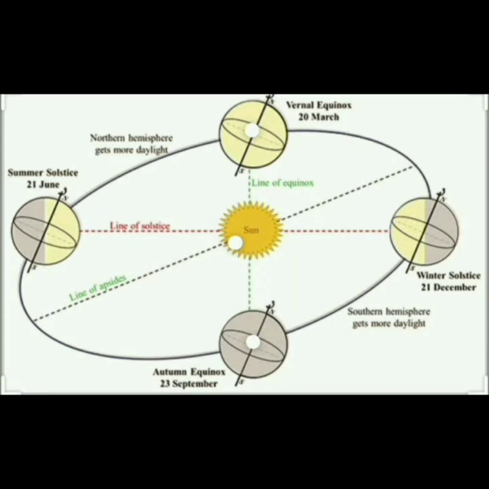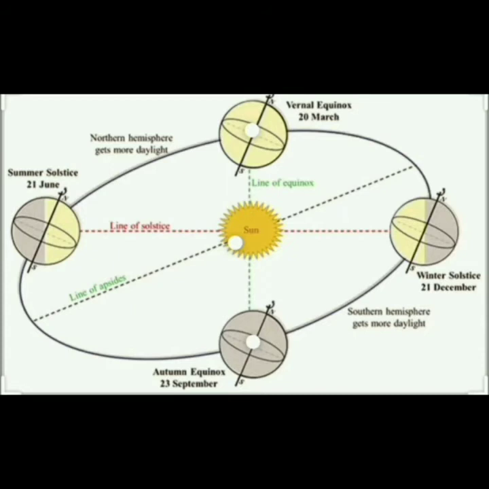Now, see in this picture on 21st June, the earth is located in its orbit such that the northern hemisphere receives more heat from the sun, or the sun is overhead on the Tropic of Cancer, that is 23.5 degrees north. Therefore, it is summer in the northern hemisphere with longer days and shorter nights. And one more thing, this position of earth is called summer solstice.